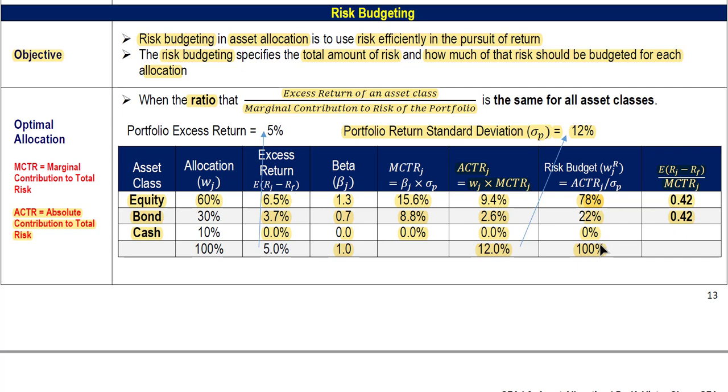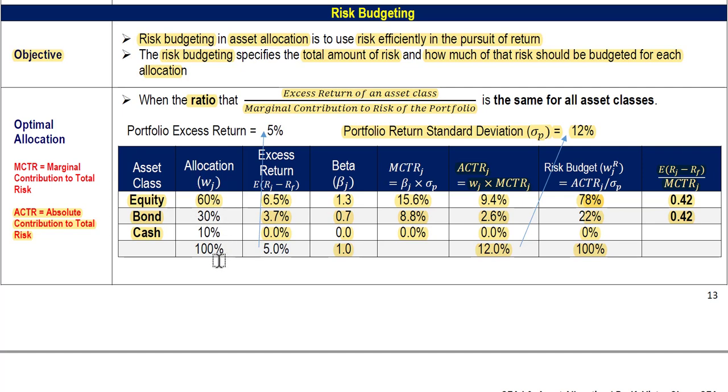What is the proportion of that short? By the risk budget, because equity contributes 78% of the risk, if we have $100, we need to short $78 in equity and $22 in bond, so that I can protect 100% of my portfolio risk, even though my allocation is only 60, 30, and 10.